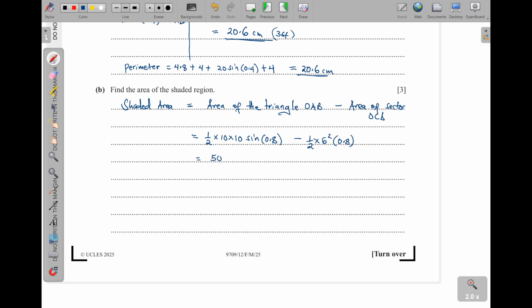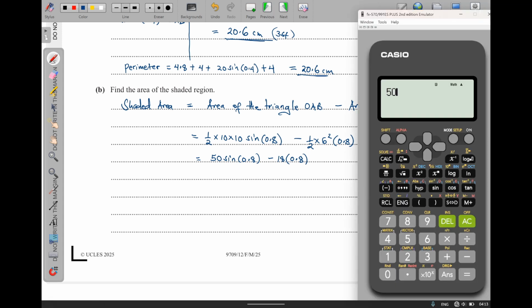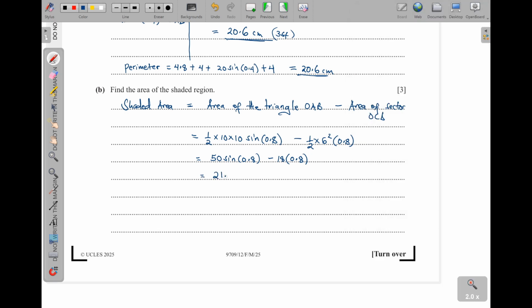This will be 100 over 2, which is 50, sine 0.8, then minus 36 divided by 2, that is 18, into 0.8. So what do we get altogether? 50 sine 0.8, then minus 18 into 0.8. That is 21.5 to 3 significant figures. This will be centimeters squared to 3 significant figures.